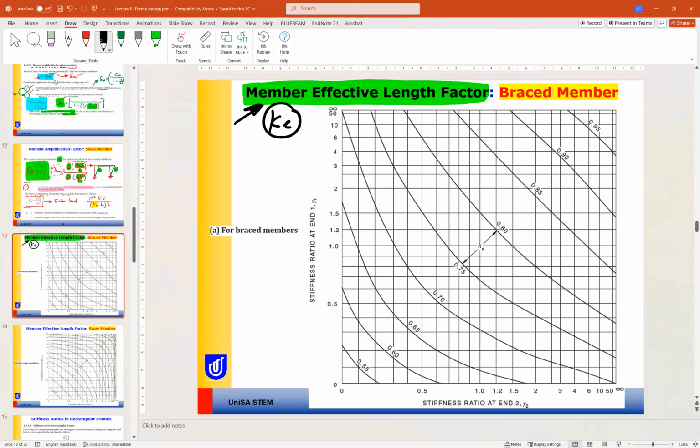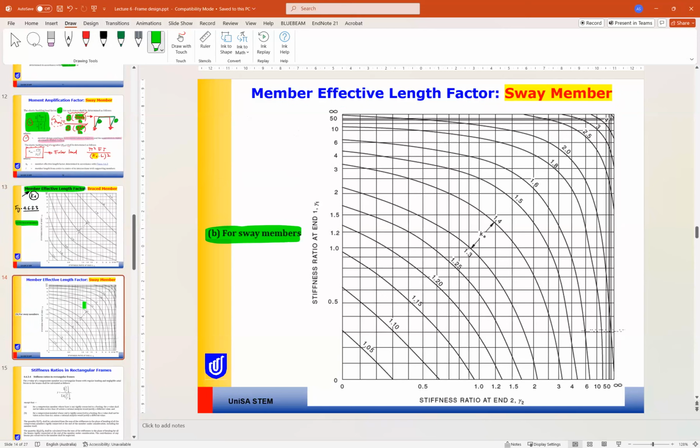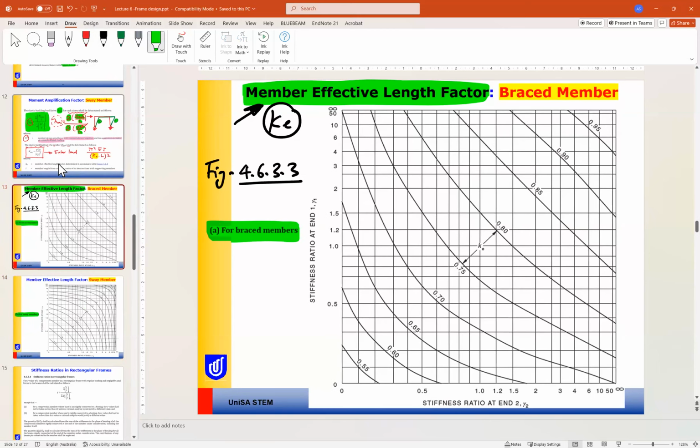This figure is for a braced frame, which is figure 4.6.3.3 in the Australian standard. One is for a braced frame, A, and B is for sway frames. So how do we use this chart?